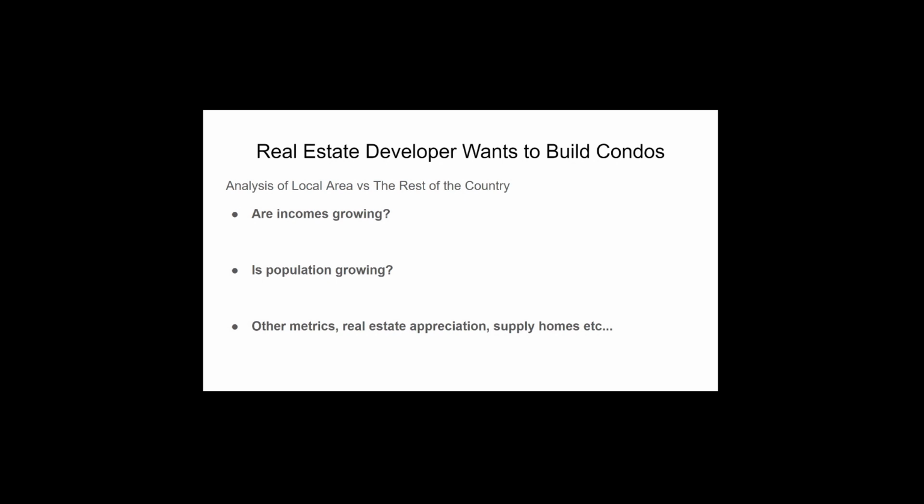Those are analyses you want to do before you start building the condo, because you want to improve your odds of success. Once you've built those condos, you're not going to be able to move them, right? So you better have a very good reason to build there, because if you're wrong, it's going to be a big loss. These are things you do to improve your odds.